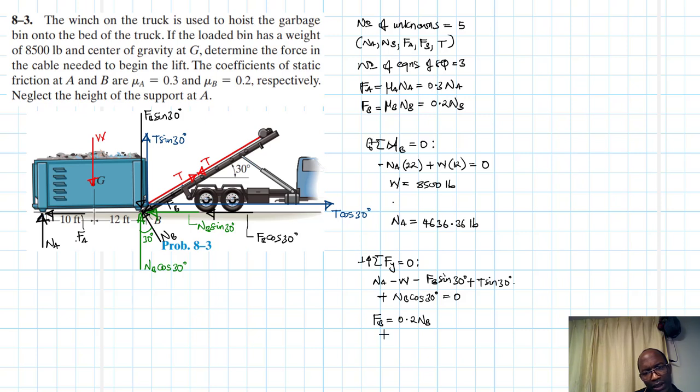These are both numbers, so I'll take them to the other side. So I'll say T, this is 0.5. Those that I can simplify, so this is 0.5 T minus, we have NB and NB there. One is cos. So I'll just factor out the NB.